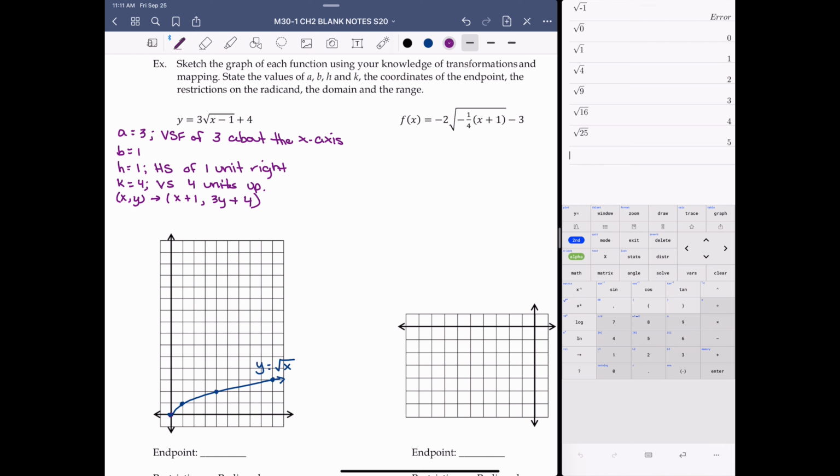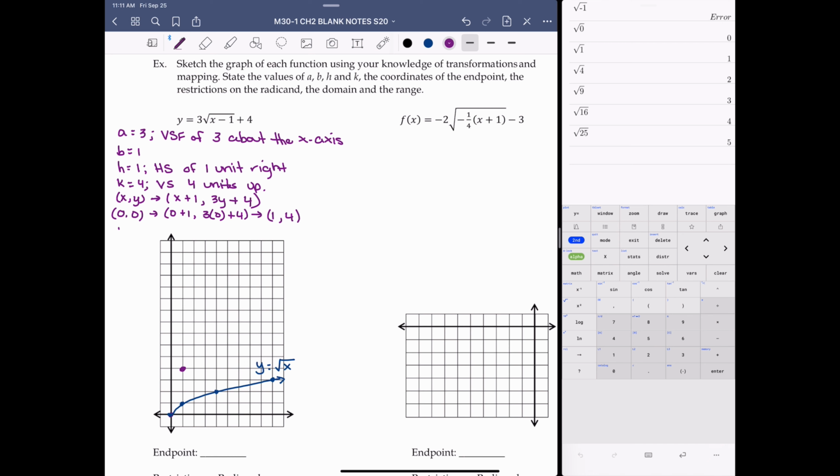Now let's apply this to our points. We have 0, 0, our endpoint is going to go to 0 plus 1, and then 3 times 0 plus 4, which gives us 1 and 4. We can plot a point: 1, 1, 2, 3, 4. There's my endpoint.